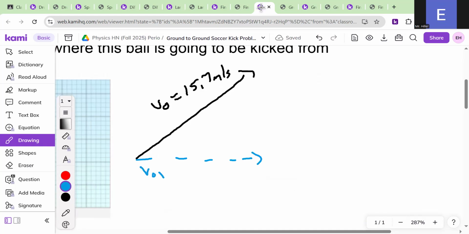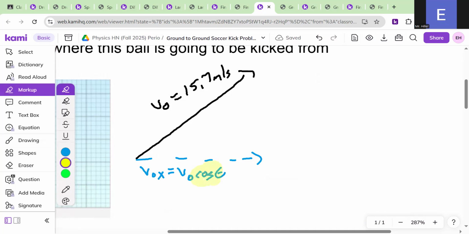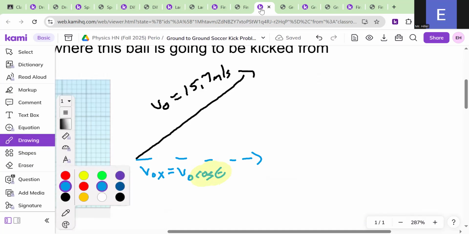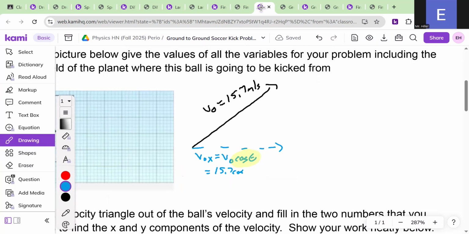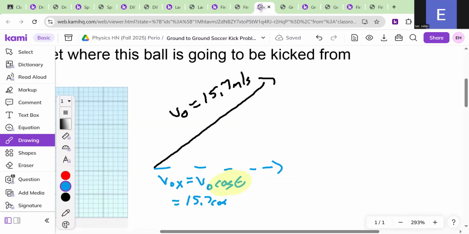So V naught X is V naught times the cosine of the angle. Remember, the adjacent side of the triangle goes with cosine, doesn't it? Okay, so I'm going to put in here 15.7 times the cosine of that angle, which was 57.4.